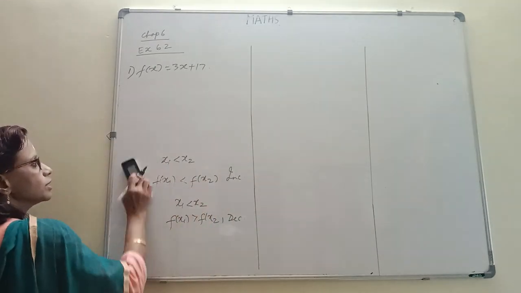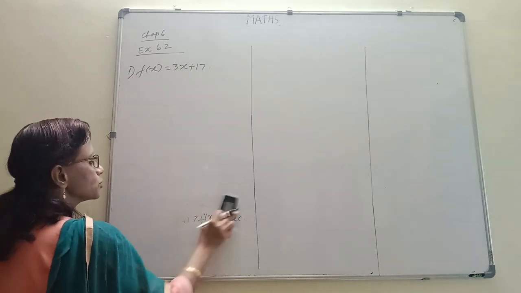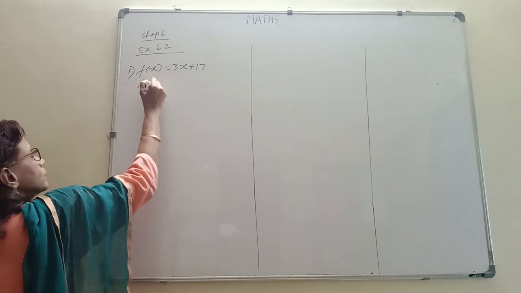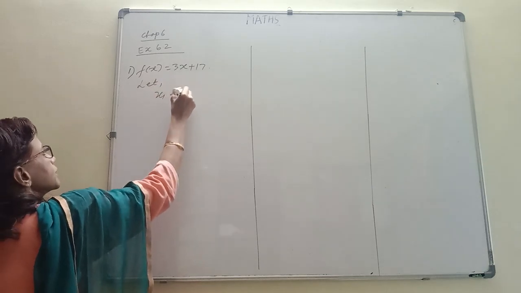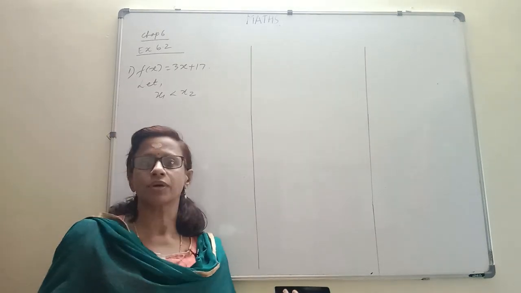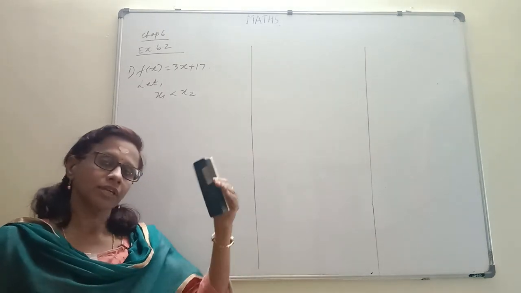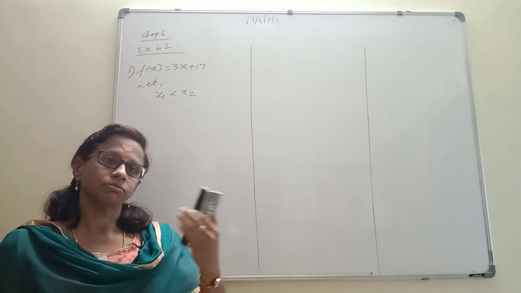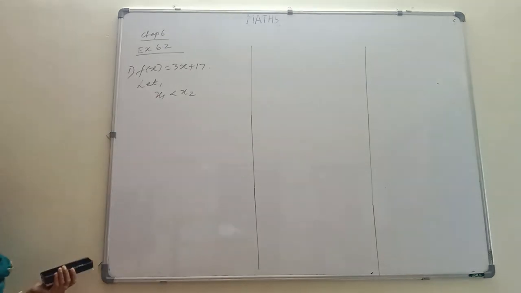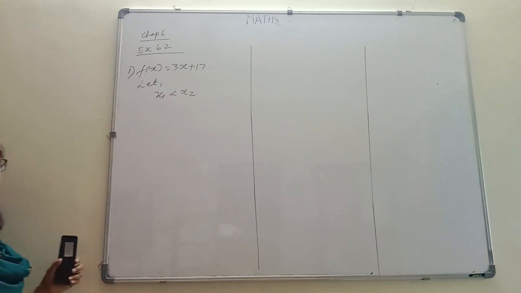For all this, let's consider x1 less than x2, only then are we able to work out like this. So let x1 be less than x2. Since you have to reach 3x1 or 3x2 plus 17, we'll gradually devise our steps so that we reach here. The first thing that you're going to do is multiply 3 on both sides.